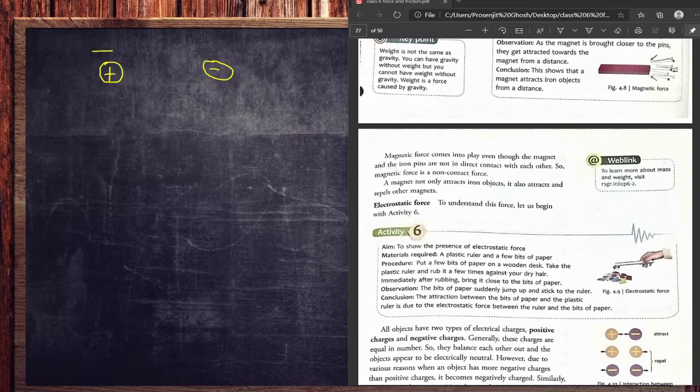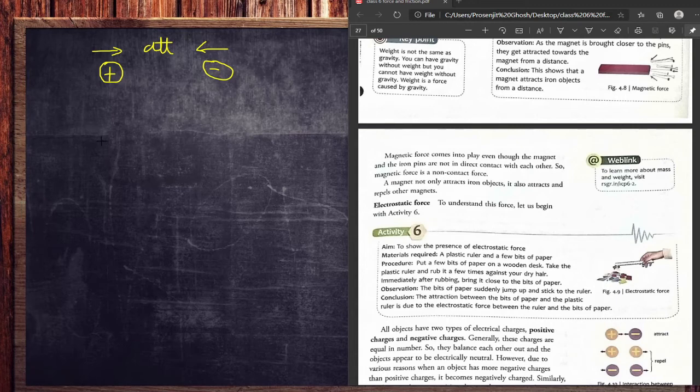Then opposite charges will attract each other. So attraction force is happening, and see that there is no contact between those charges, but still they are attracting. So that is a non-contact attracting force between opposite charges. You can write like this: a non-contact attracting force will happen between two opposite charges.